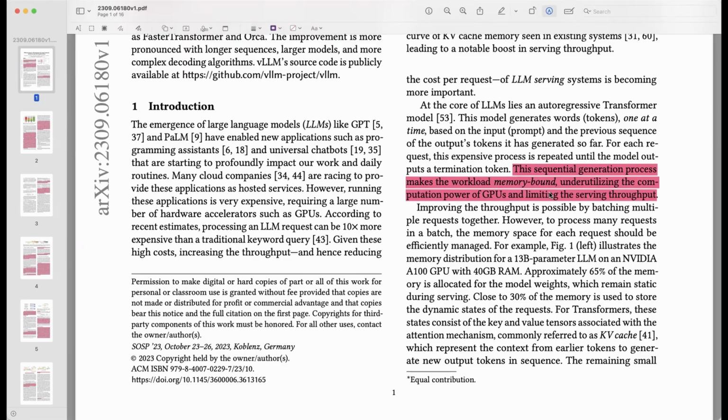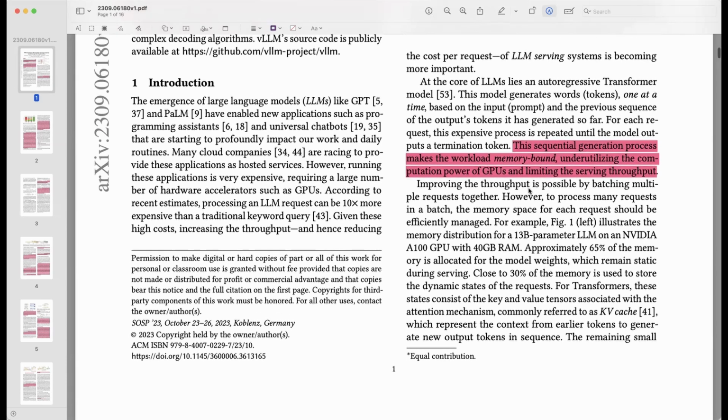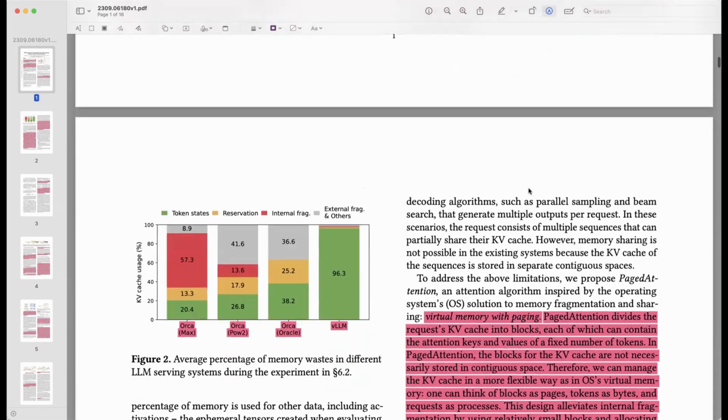So GPU computation capability increased much faster than the memory. I'm not sure about Blackwell, I didn't get a chance to look at it, but with LLMs, this is the first time that you start becoming memory bound. Otherwise, GPUs have always been compute bound, and that's the unique nature of autoregressive workloads.